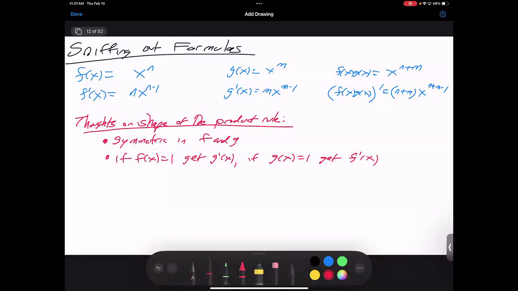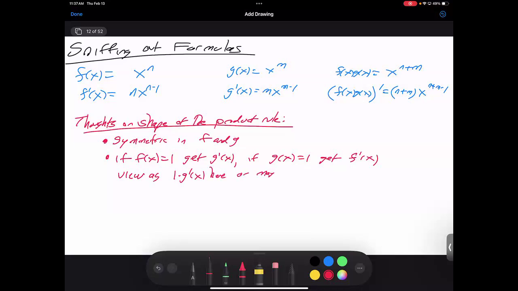How could I view g prime of x? So if f of x equals 1, you get g prime of x. How should I view that g prime of x? Yeah, so view it as 1 times g prime of x here.